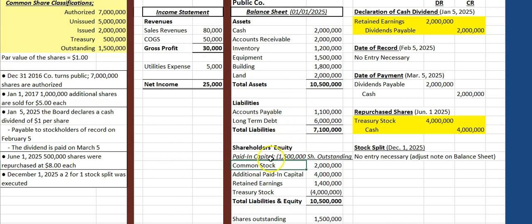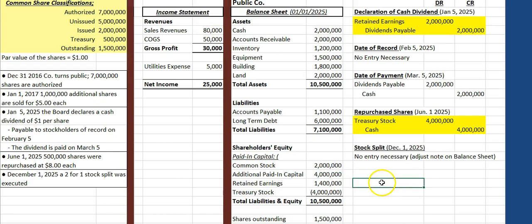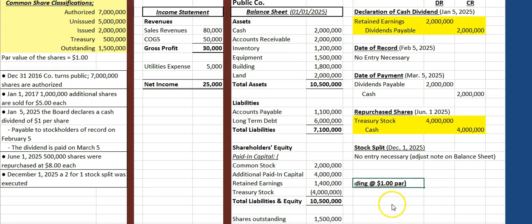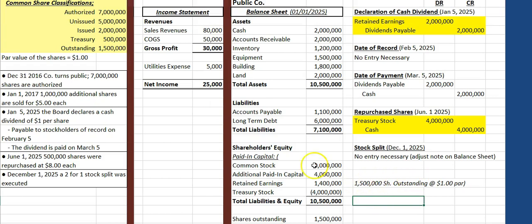Unfortunately you can't see all of it there, but let me just come over here and show an example of what the note would look like. Okay? So it would look something like this. Following the paid-in capital, it would say 1,500,000 shares outstanding at $1 par, okay?